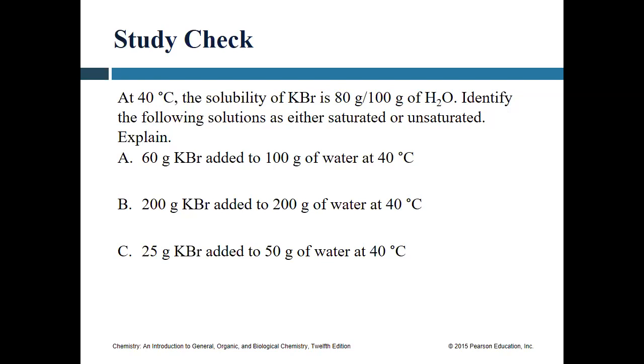Now, in part A, this was actually pretty easy. We have exactly 100 grams of water, and we can see that 60 is less than 80, which is the limit. So this would be unsaturated. I can put an additional 20 grams in there and it would still dissolve.